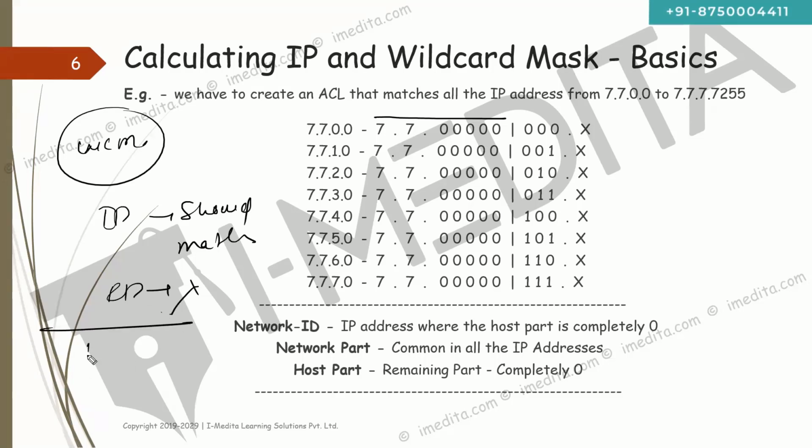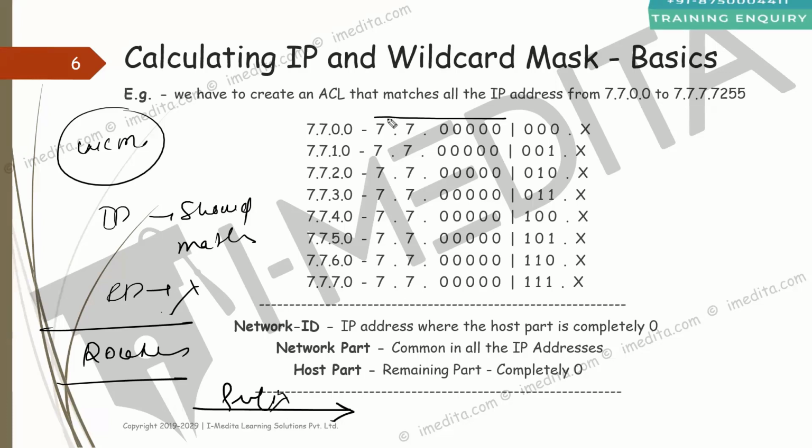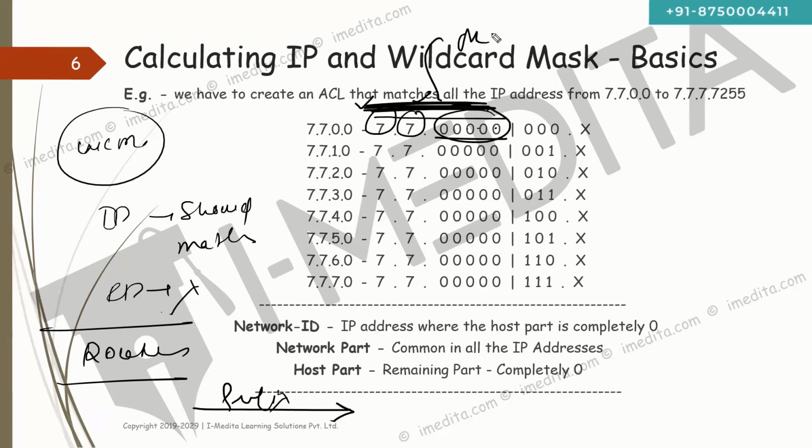I need to tell the router that if you are receiving a prefix, if you are receiving route information, and that route information has the first octet as 7, match it. Second octet as 7, match it. In the third octet, if the first 5 bits are 0, 0, 0, 0, 0, then the packet will be considered a match. And the rest of the part, I do not care.